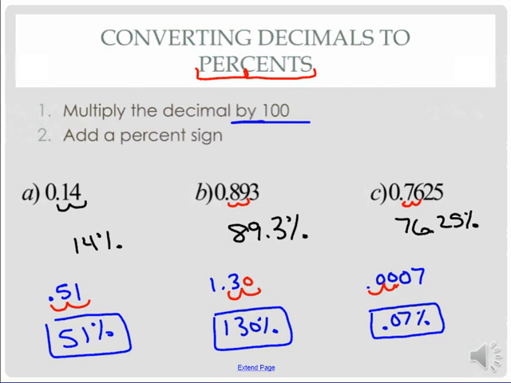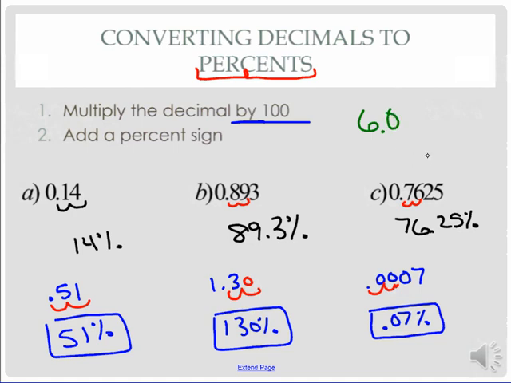Okay. One last one I just want to throw out here. What about if I had a number like 6 and I said, change this to a percent? Well, think about it for a second. Where would the decimal be? You'd say, well, there isn't one. Well, I know, I don't see one here, but I could write one. I could put a decimal right here. It'd be like 6.0. That's pretty much the same thing.